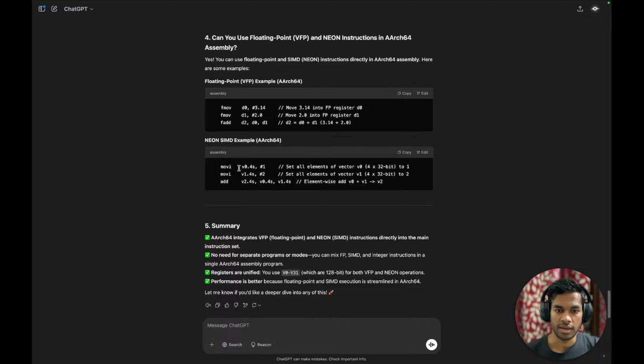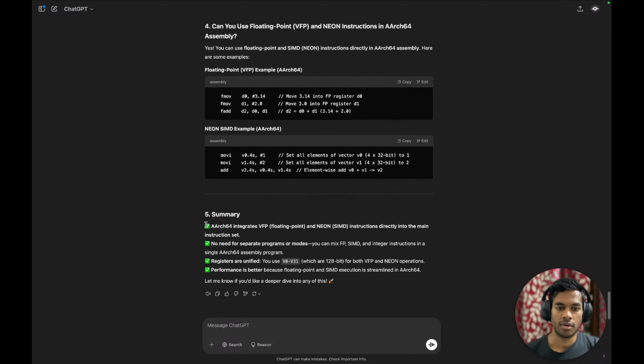Okay, but now I want to know, so the new AArch64 ARMv8 has two sets of registers.